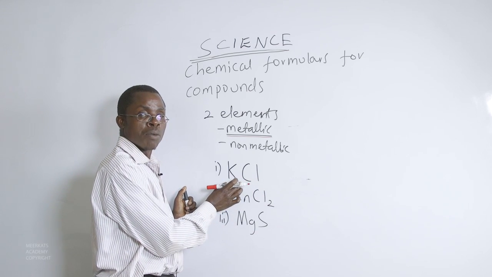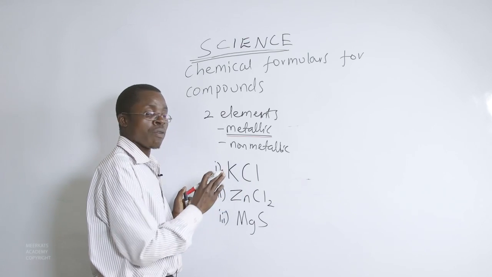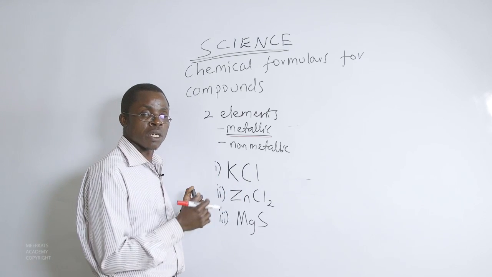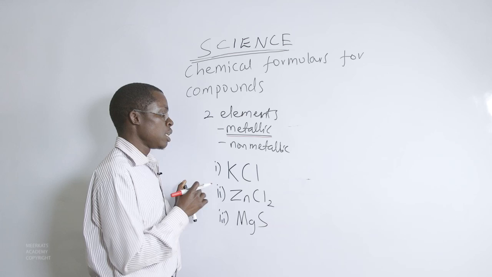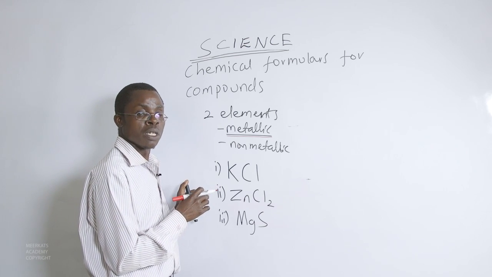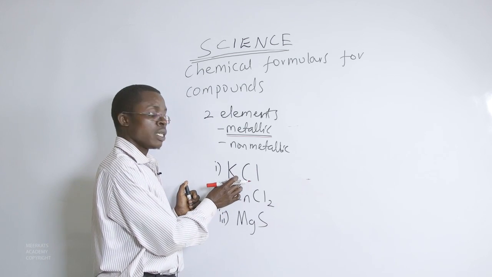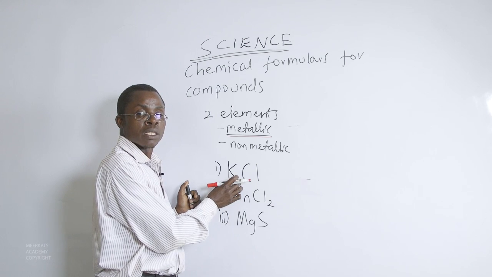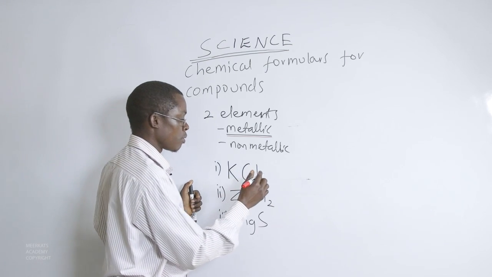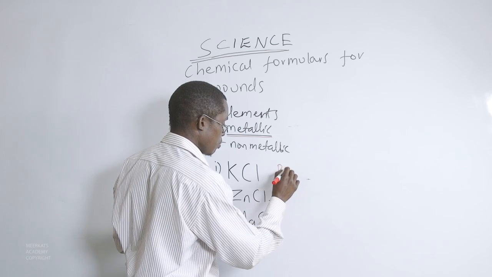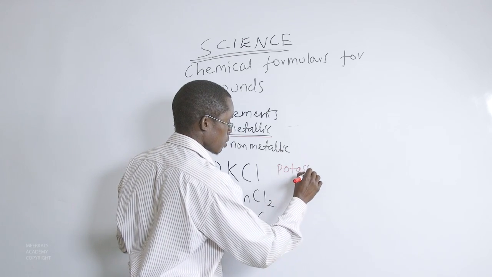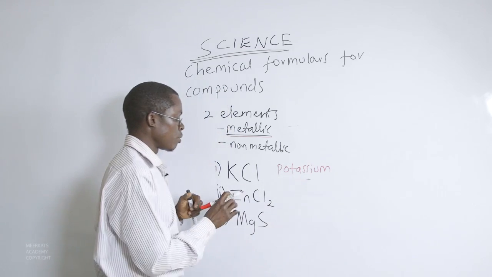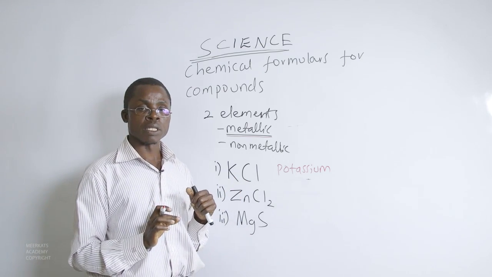Potassium is a metal. It therefore follows the rules. Let's now get the name. In getting the name, we also have to follow the rules. The rules are the first element carries its full name. So let's have the full name, potassium. That's the full name of the first element.